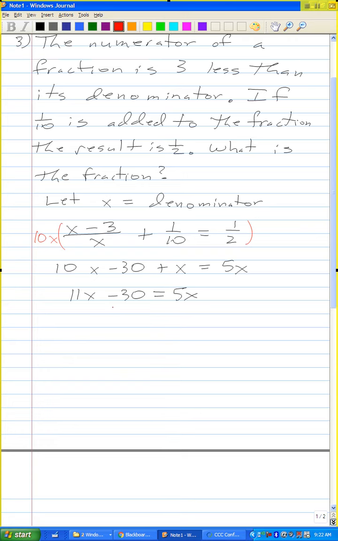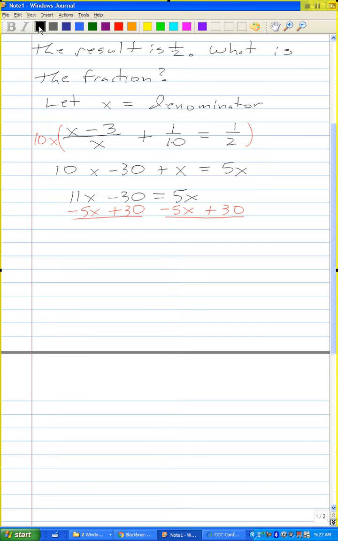Add 30 to both sides of my equation. Subtract 5x from both sides. And so I get 6x equals 30. Divide both sides by 6, and I get x equals 5.